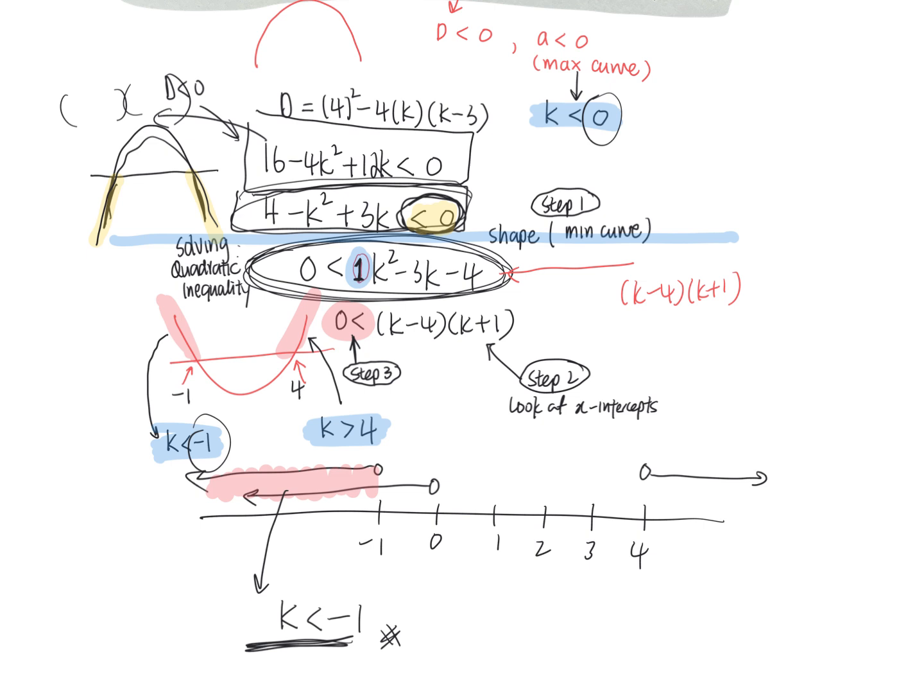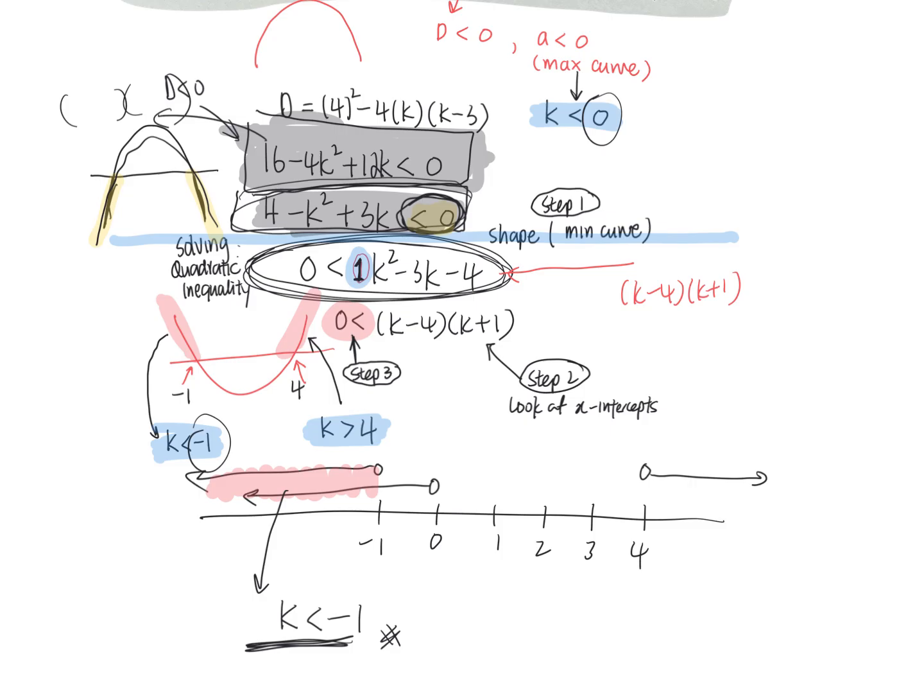That's why I tell you, you must remember, when we are dealing with the discriminant, discriminant less than 0 gives us this equation. But once we start to solve it, when you reach a quadratic inequality at this point here, you need to start forgetting about the discriminant already.